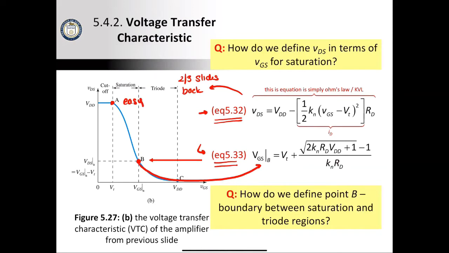That's when you hit A. And then for B, it's going to be the boundary between saturation and triode, and so VDS will be equal to VOV at that point. Okay, so if we use some algebra, we end up with this definition for VGS at point B. VGS at point A is equal to that.